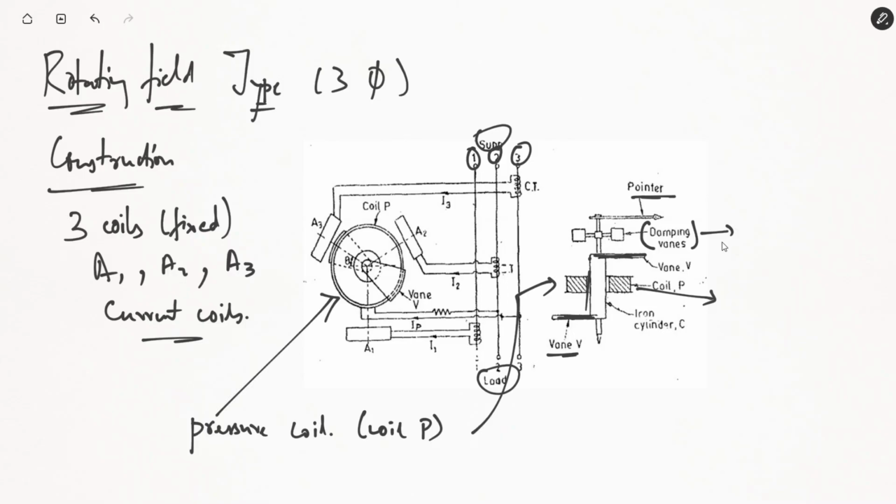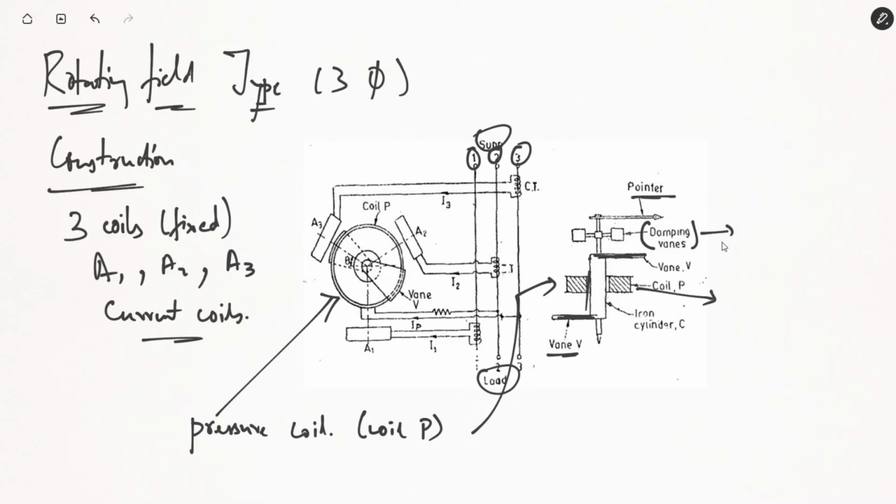So you have two different coils. You have A1, A2 and A3 attached to three phases, representing the current coils, and you have the coil P that's placed in the center of these three coils. It's also fixed. Coil P is fixed. It will be the pressure coil, but in between this coil P there is located an iron cylinder. That's why the name iron.